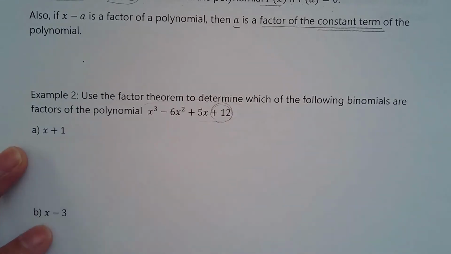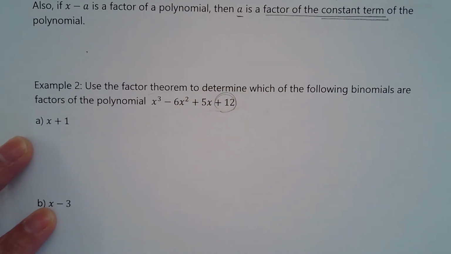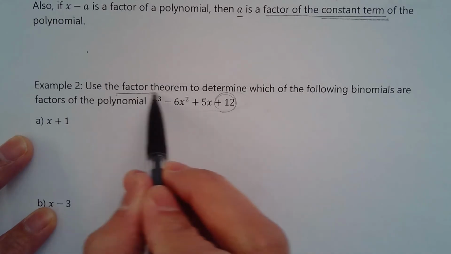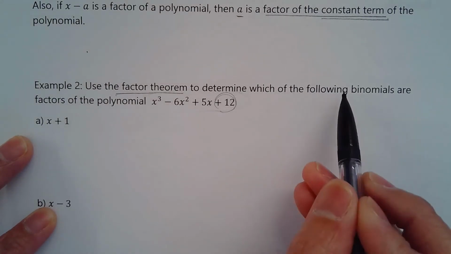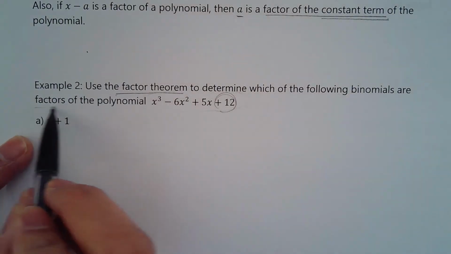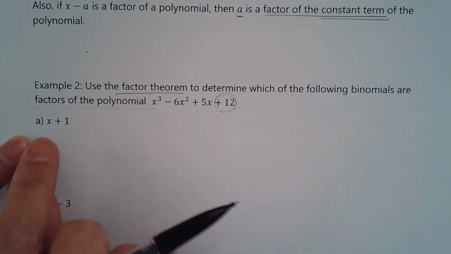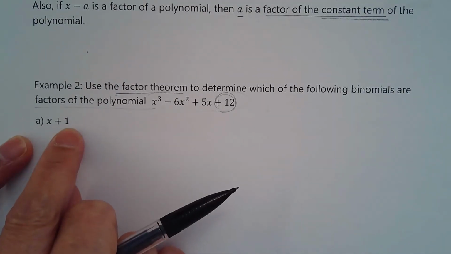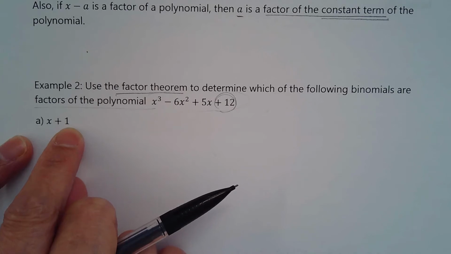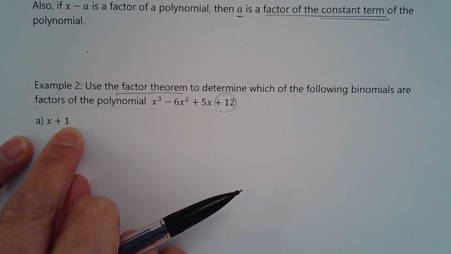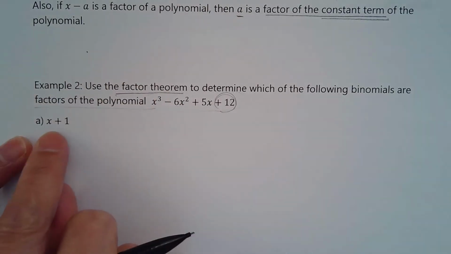Use the factor theorem to determine which of the following binomials are factors of the polynomial. So x plus 1. We're going to see if this is a factor. What is the a value for this?